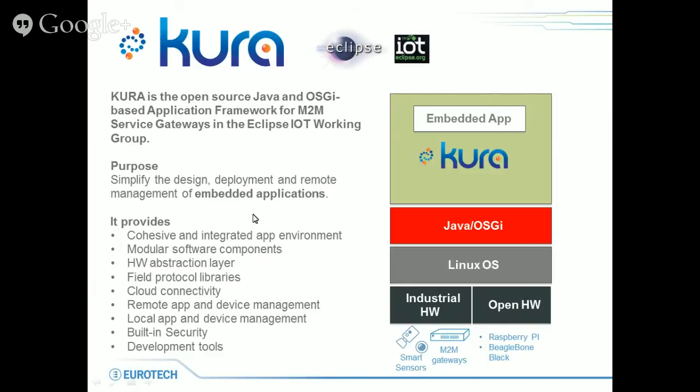Then you have the field protocol libraries, the cloud connectivity, the remote application and remote device management, the local application and device management, built-in security, and development tools. And you see that you can have industrial hardware as well as open hardware like Raspberry Pi and BeagleBone Black.